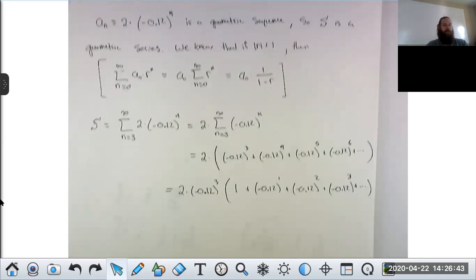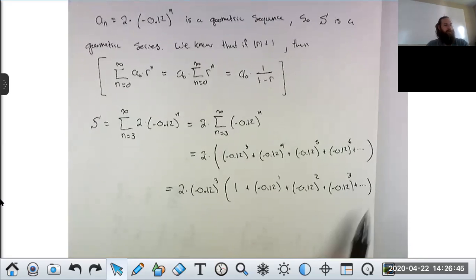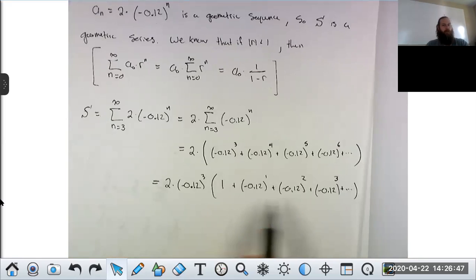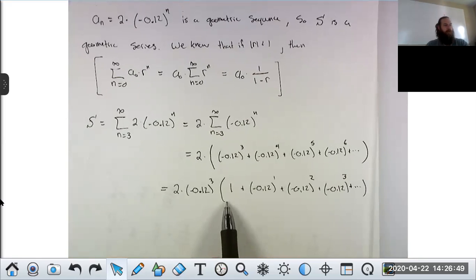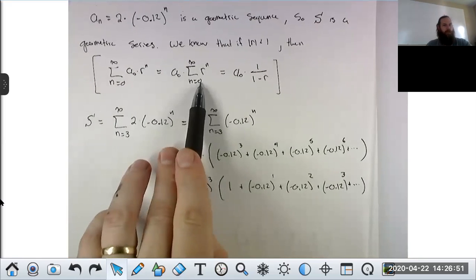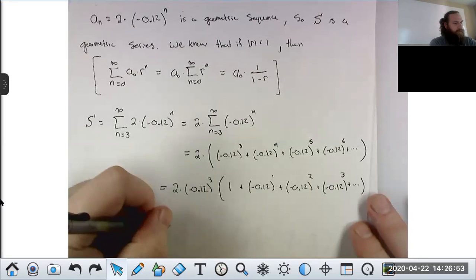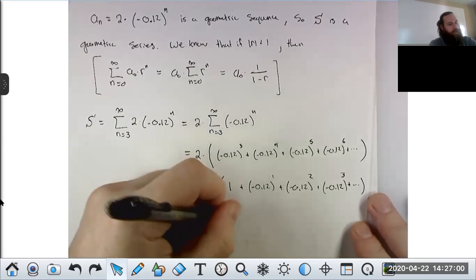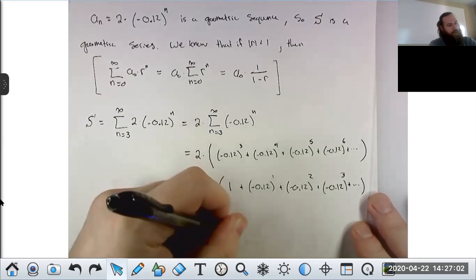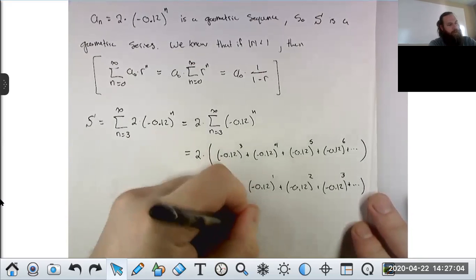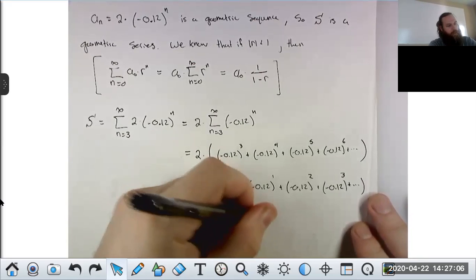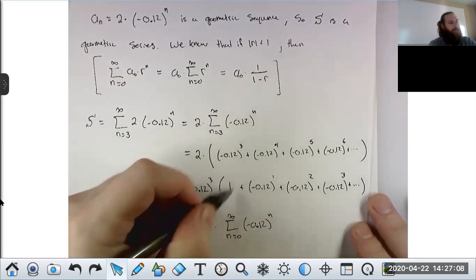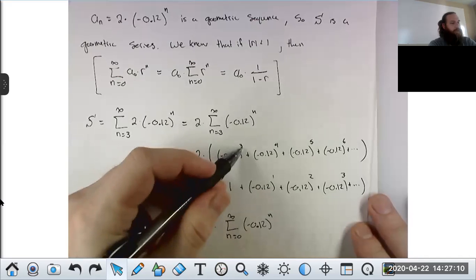And now this series, as I have it written down here at the bottom, could be rewritten in sigma notation looking like this. So this is 2 times negative 0.12 cubed times the sum from n equals 0 to infinity of negative 0.12 to the n. Because remember, 1 is negative 0.12 to the 0.